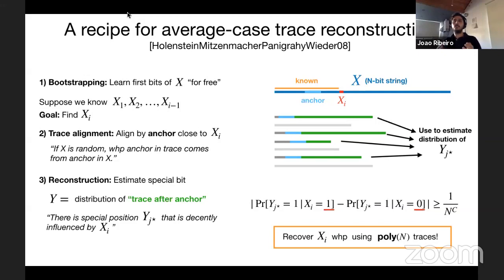Basically, this means you are partially synchronized, and now you're closer to xi. Because xi was in the middle of x, and now, because of this anchoring, it's close to the beginning of the part after the anchor. Well, then why not just redo the same thing again?